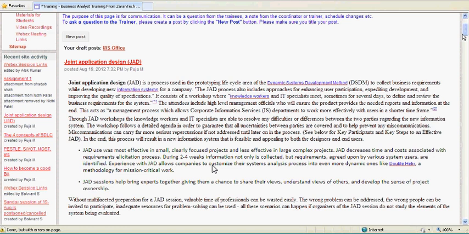Now what that does is joint application design speeds up the process, especially of a very complex system. And sometimes for stuff that you don't know how to build, right? And they'll tell you, this is what we do. They'll ask you, what is it that you want? And we are defining our requirements right then and there, and we're designing the system right then and there.